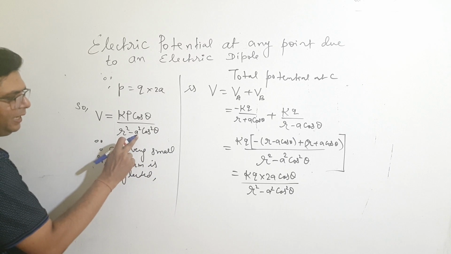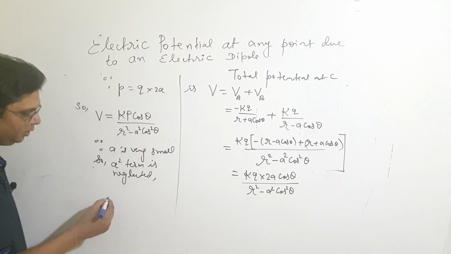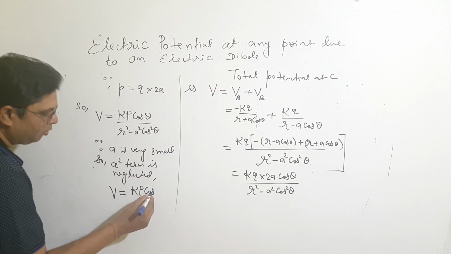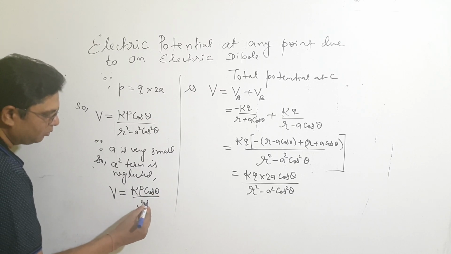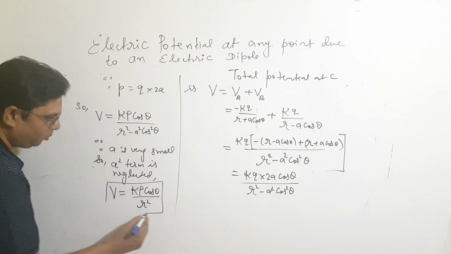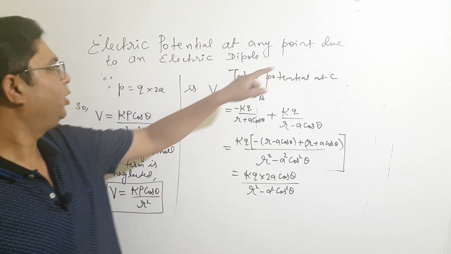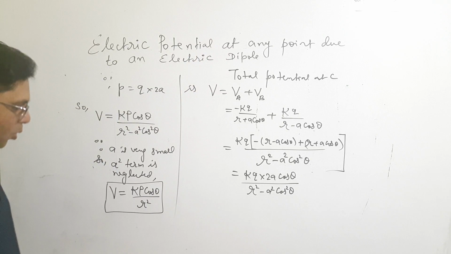If you neglect A square cos square theta, then you get V equals KP cos theta upon R square. This is the potential at any point due to an electric dipole.